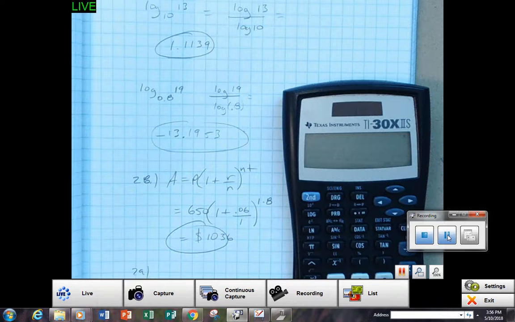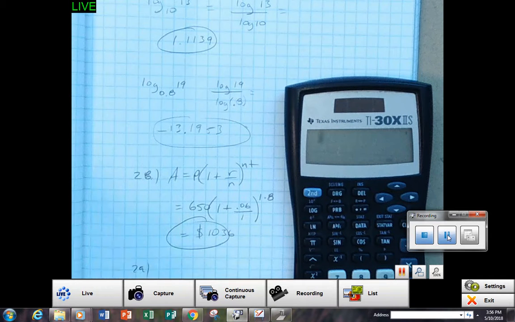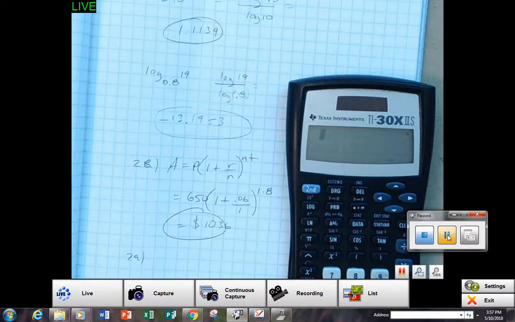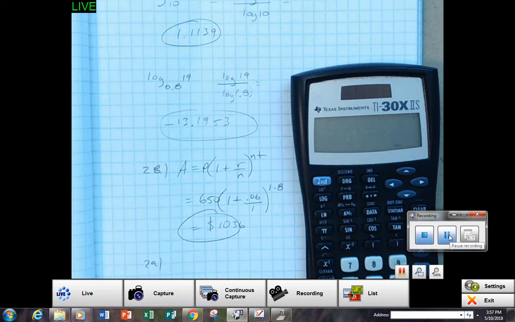Compounded quarterly means 4 times a year. It says find out how long it takes to double its investment, round to the nearest tenth. So this one I'm solving for t. All right, it says how long to double.